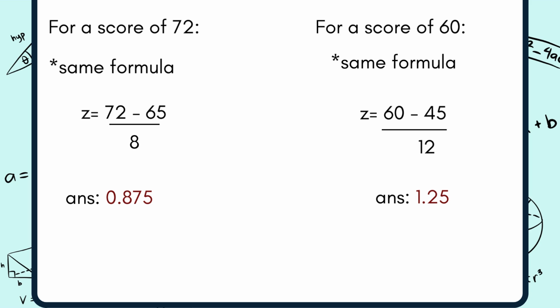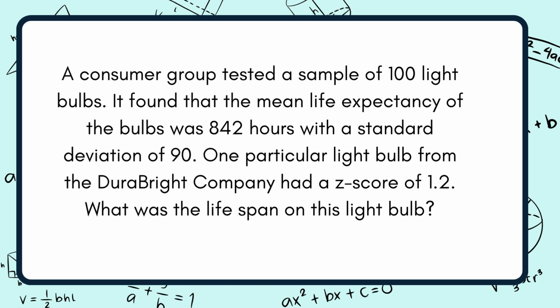Another one, guys. What if the z-score is already given in the problem? For example, in this problem, a consumer group tested a sample of 100 light bulbs. It found that the mean life expectancy of the bulbs was 842 hours with a standard deviation of 90.